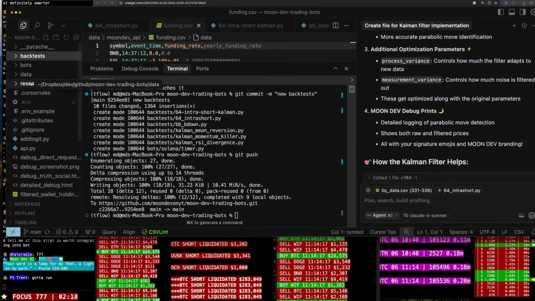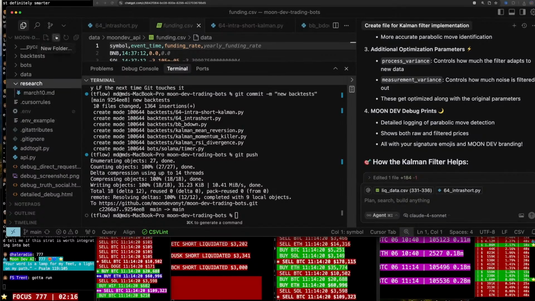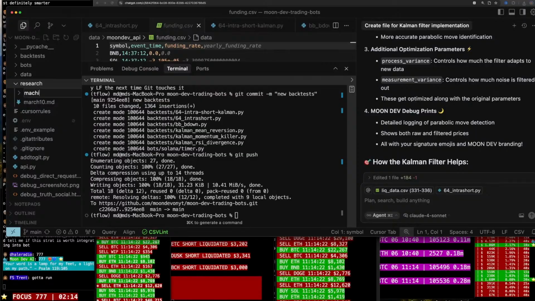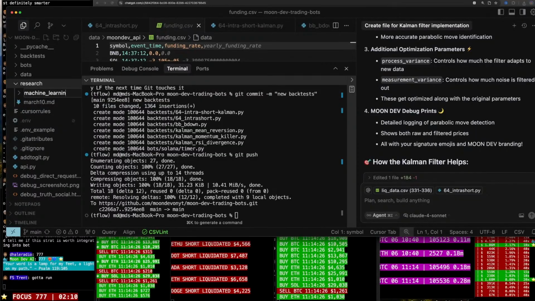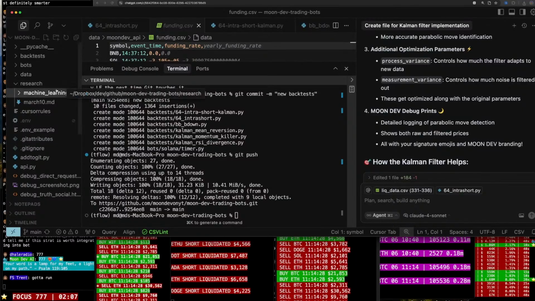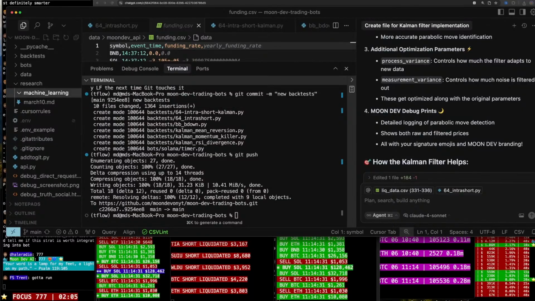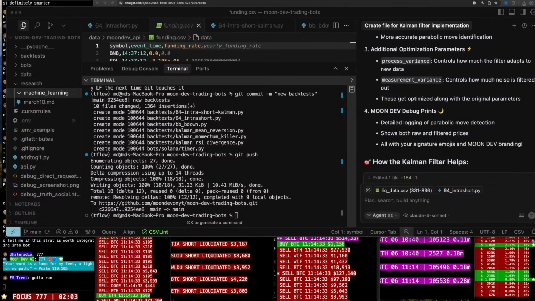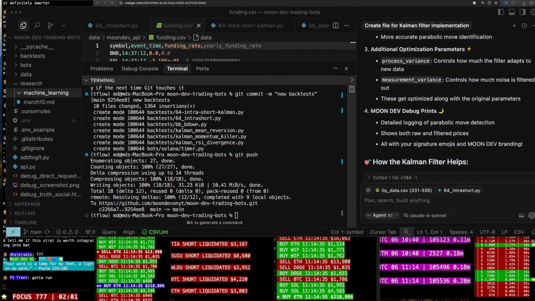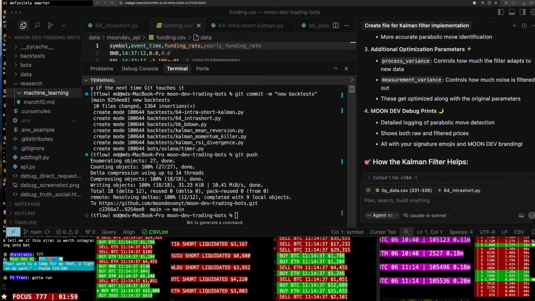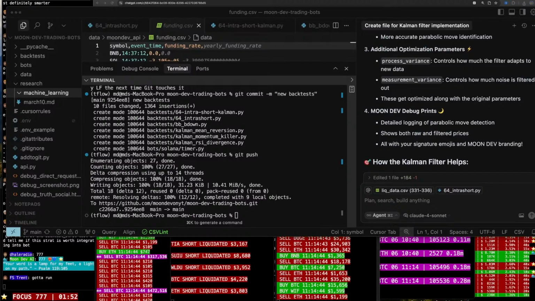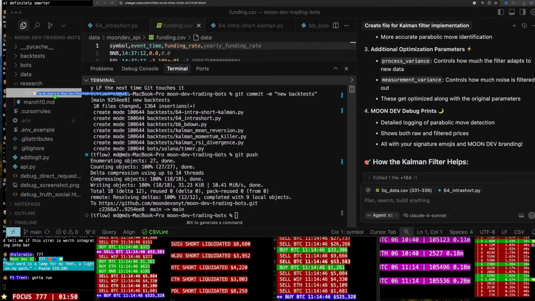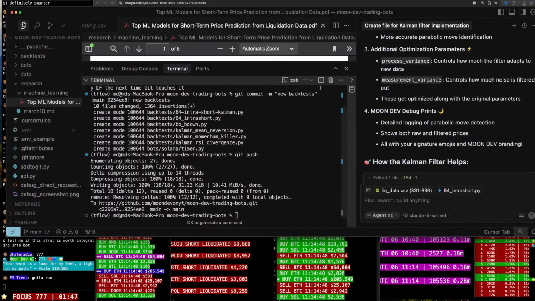Backtest. Bots. Machine learning. Let's just put it there. How about that? Let's download it here. Here it is.